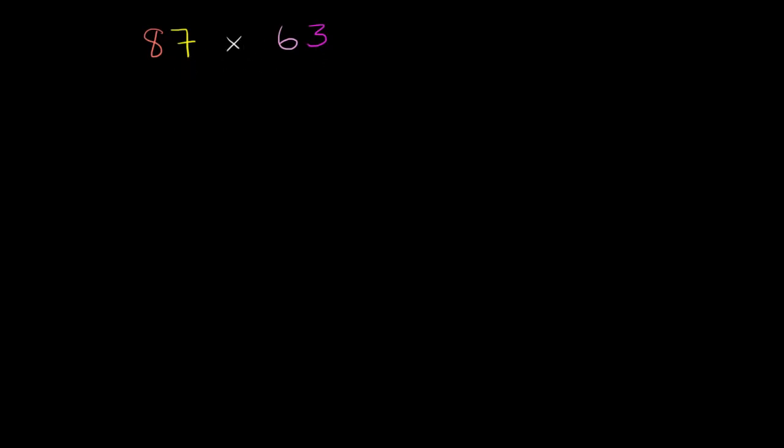So first, let me rewrite 87. This is the same thing as 87, but instead of writing 63 like that, I'm going to write 63 as 60 plus 3. Now, what is this going to be equal to?